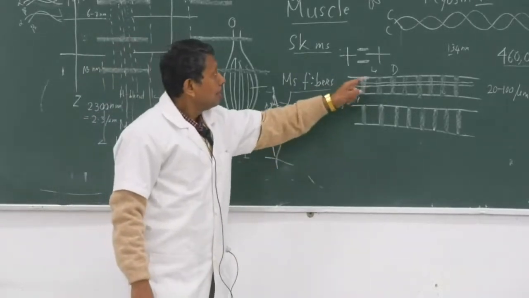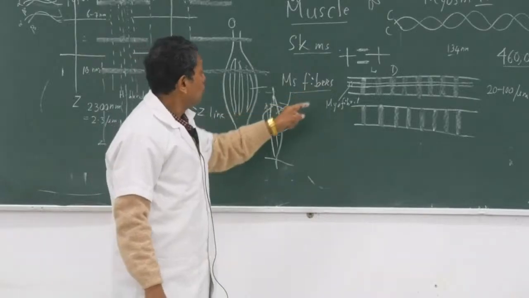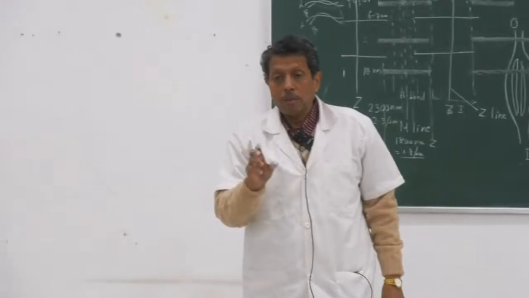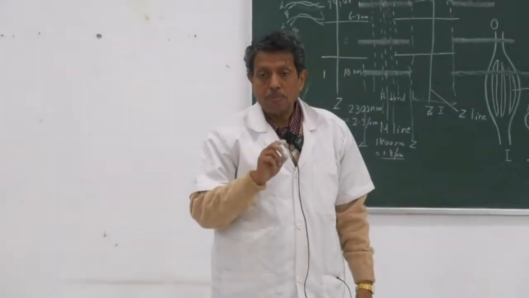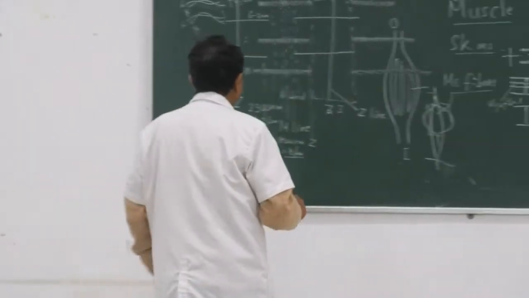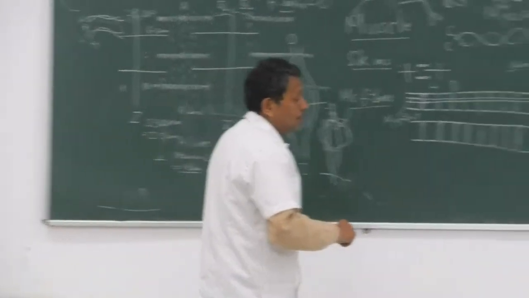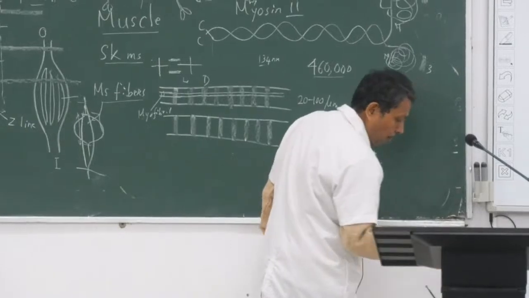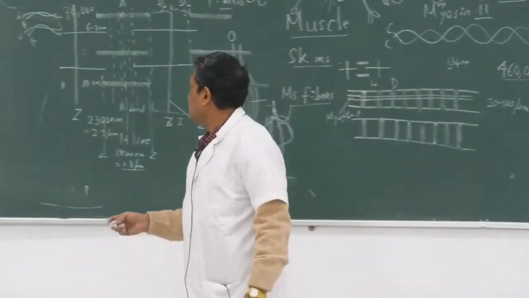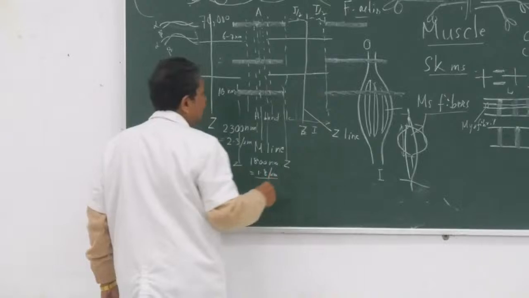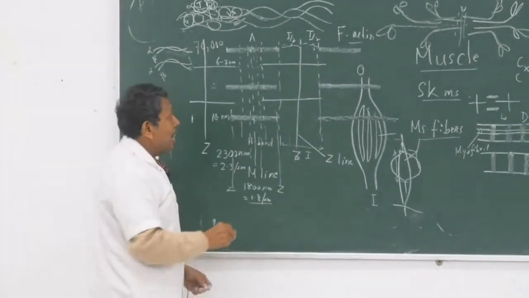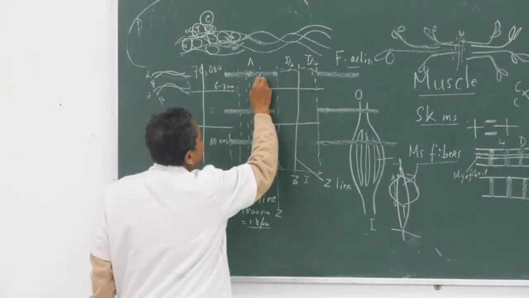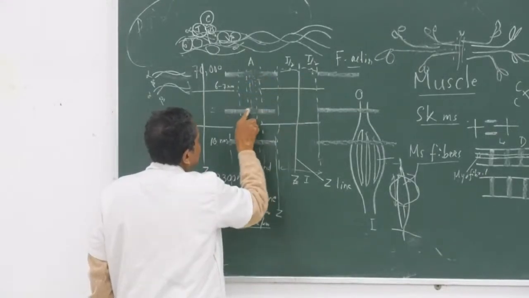Now when you consider a cell, the sarcoplasmic reticulum is surrounding the myofibril, and at the AI junction, in the relaxed condition of a skeletal muscle, you will find some dilatation.